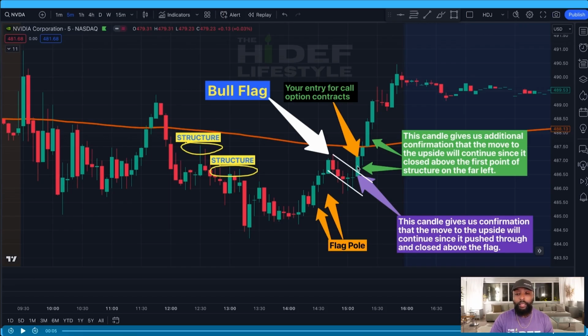All right, and again, we see this candle here closed above this structure point and this structure point. This strong green candle closed above this structure point. So all of this gives us confirmation that the uptrend is strong and it will continue.